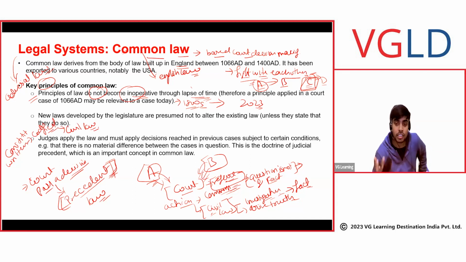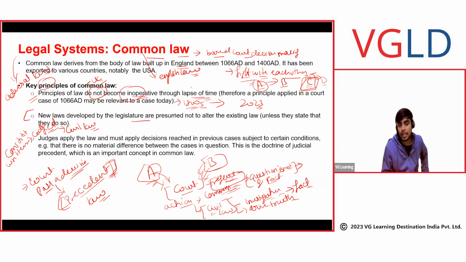Whatever judgment the judiciary passes becomes a landmark judgment. Landmark judgment means they set precedents and kind of become law. We'll discuss how our system is more of a civil law and not more of a common law. In the UK, it is more of a common law and not of a civil law. That we will discuss.